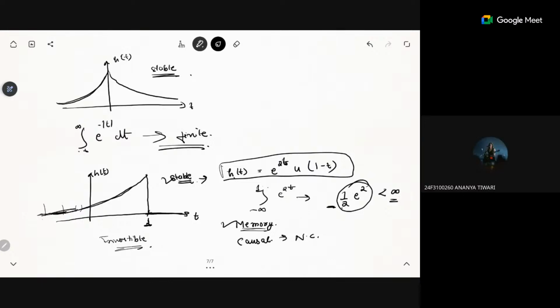Ma'am, I had one question. There was a question like y(t) equals x(t) multiplied by cos omega t, and it was said that it is BIBO stable. I couldn't get how. Yes, because sinusoidal functions like cos omega are stable; I just said that the oscillating one is stable because y(t) is not going to infinity.